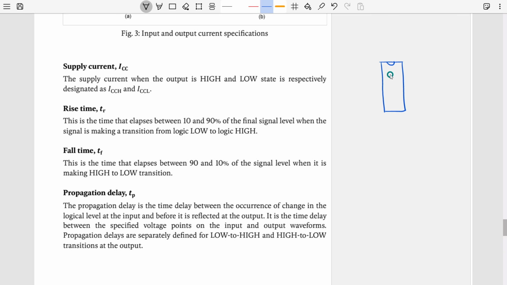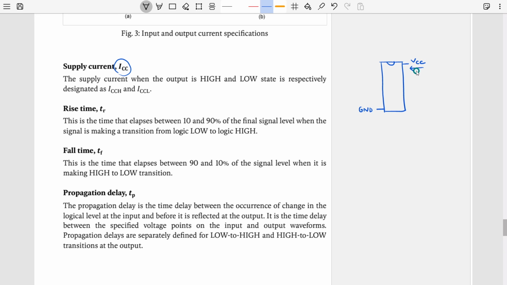Maybe if that is a quad NOT gate, there should be 4 NOT gates inside, and with that we also had 2 pins like that. Here we provided VCC, and here we provided ground, right? So actually how we calculate this supply current is calculating how much current is actually going inside of VCC.